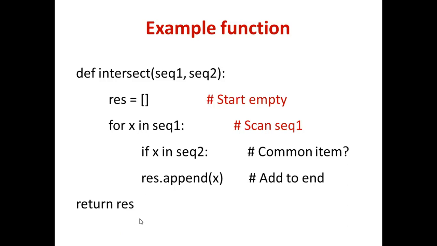If it is matching, that common item is added. So this function is created for when you are finding the common item between two collections, two lists, two dictionaries, two tuples, or some sort of collections. If you are finding a common item, you can use this sort of logic.